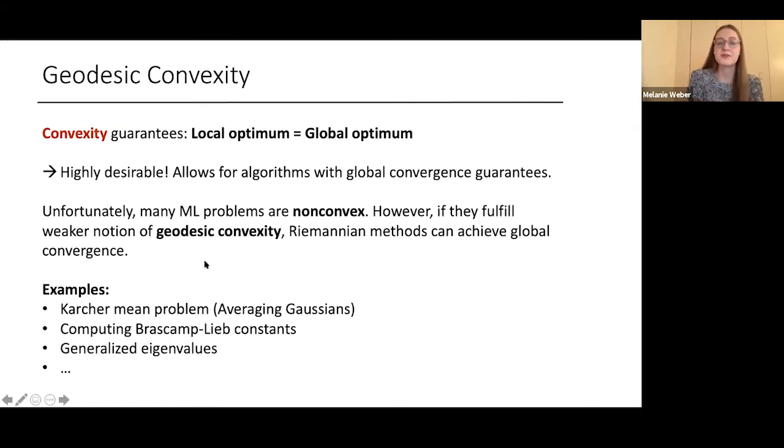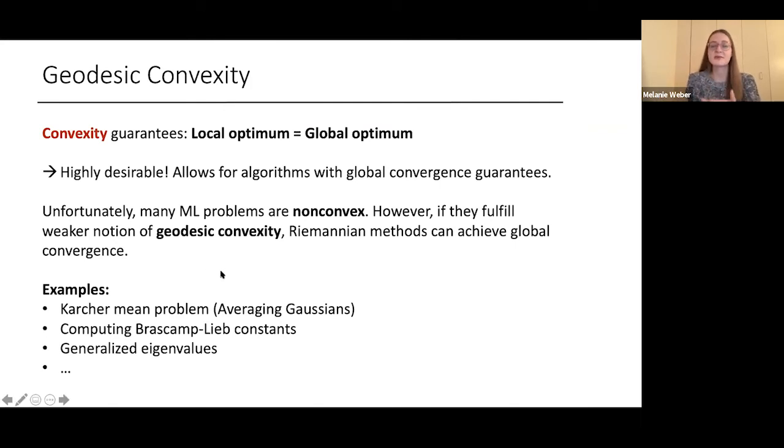So due to that property, we can use tools from convex optimization in Riemannian spaces to achieve these nice global convergence guarantees. So basically, by switching the geometric lengths, we have translated our problem from a non-convex problem to a convex problem in a different geometric space.